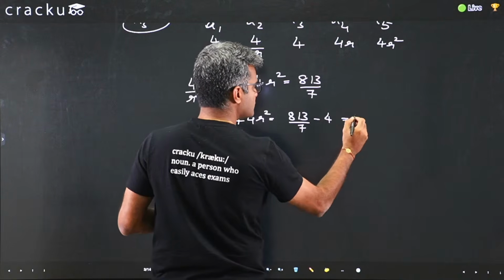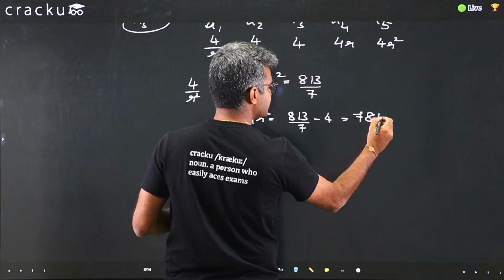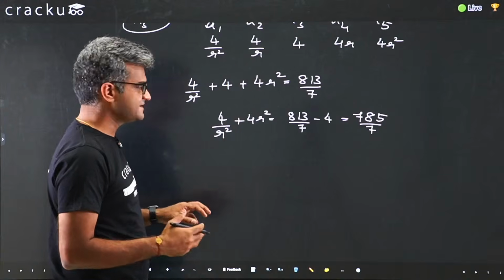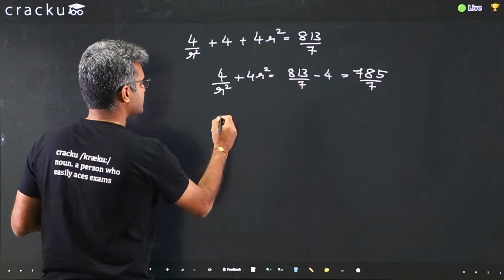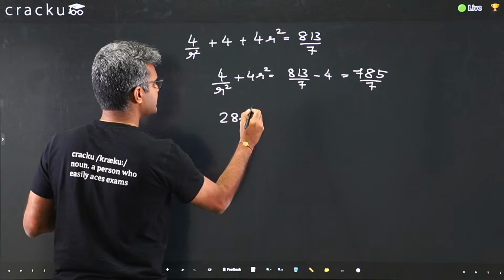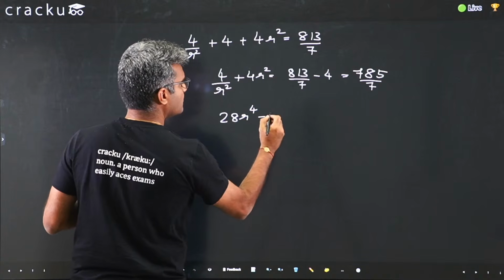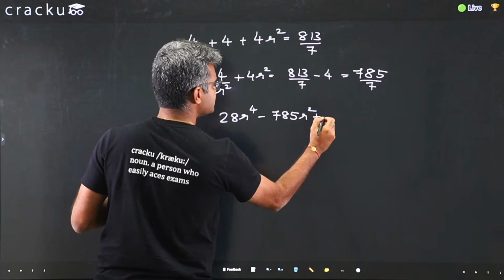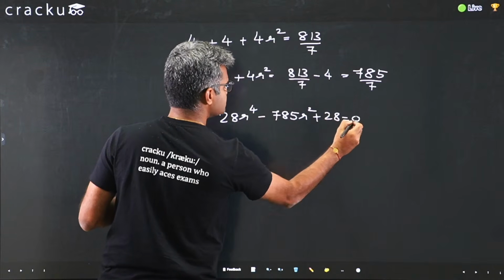This is equal to 785 by 7. If you multiply the entire equation with 7R square, we are going to get a quadratic equation which is 28R to the power 4 minus 785 R square plus 28 is equal to 0.